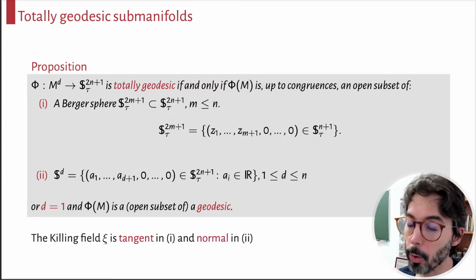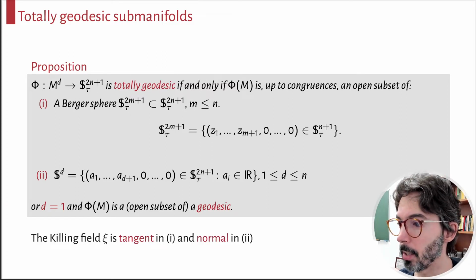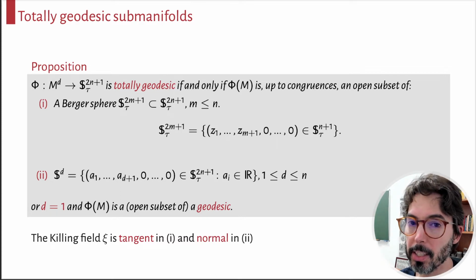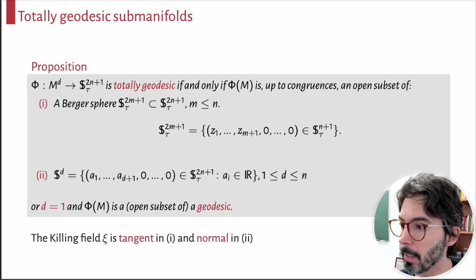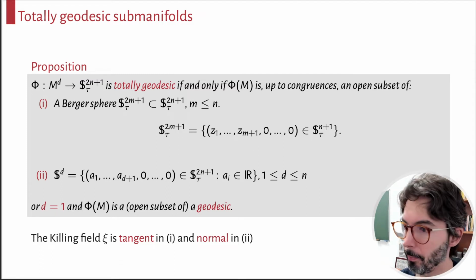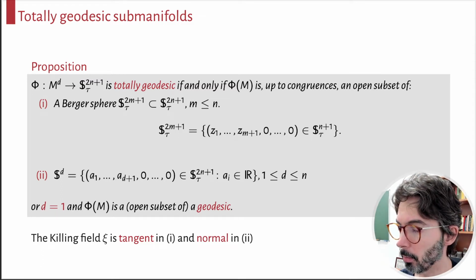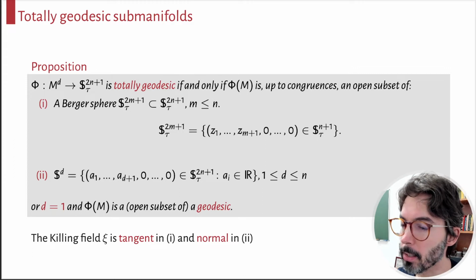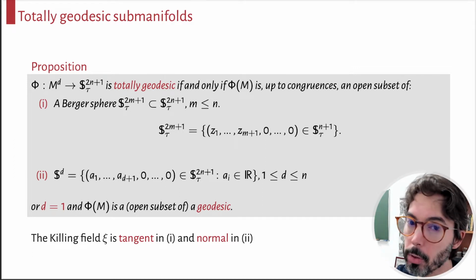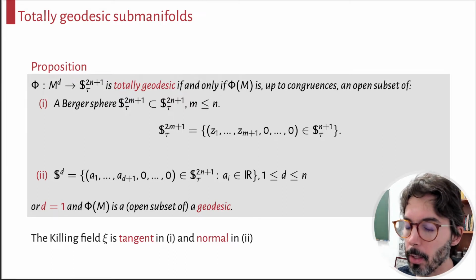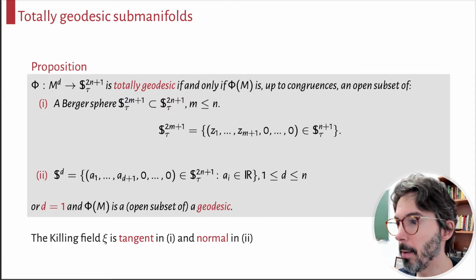I would like to remark that in the first case, the Killing field psi is tangent to the submanifold, while in the second case it is normal. So in this sense, the simplest examples are well behaved with respect to the Killing field.